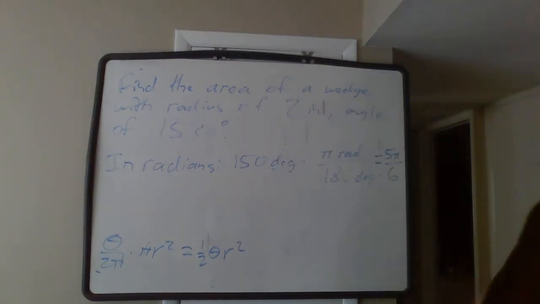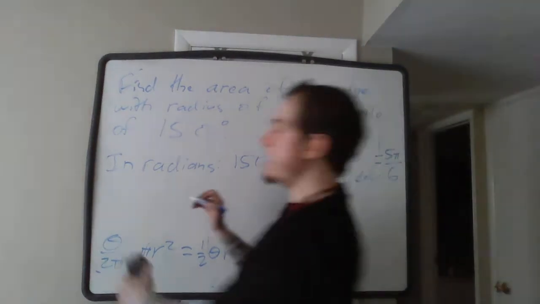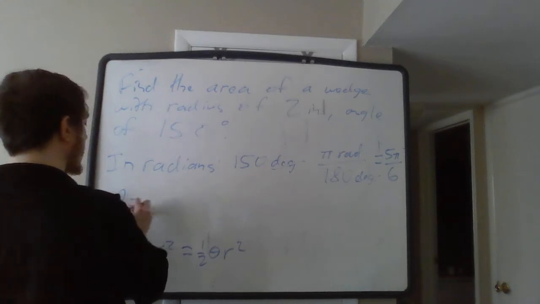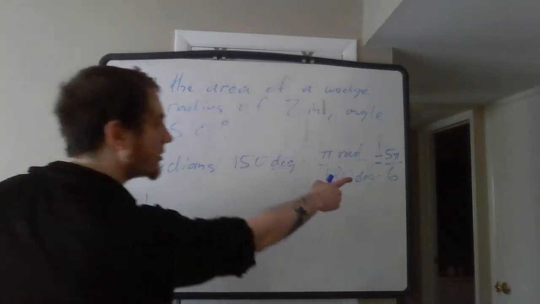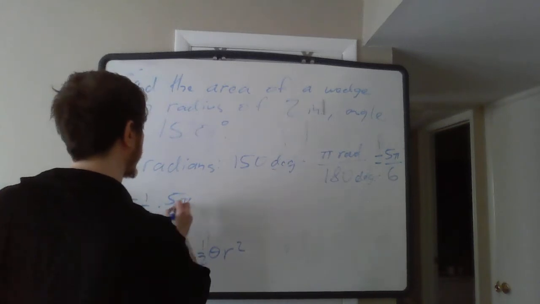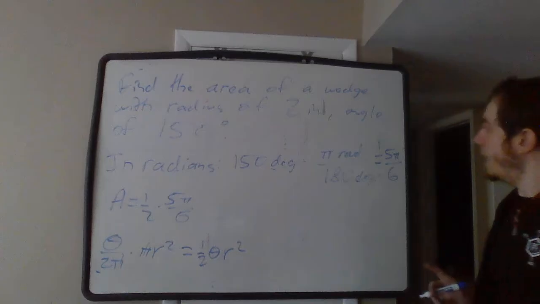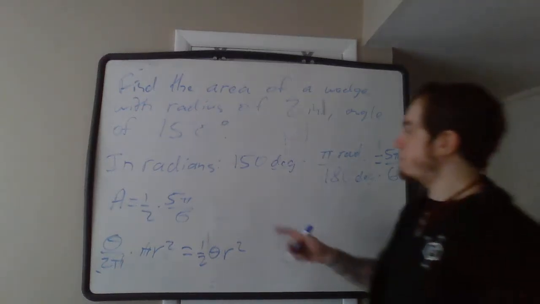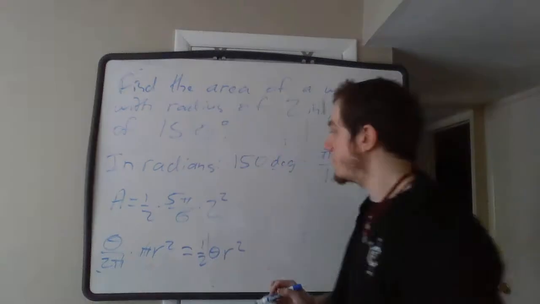My radius is 2. Let's see what happens when we apply this formula. We're going to get an area of 1/2 times the angle in radians, that's 5 pi divided by 6, and then we have to multiply by the radius squared, so that's going to be times 2 squared.